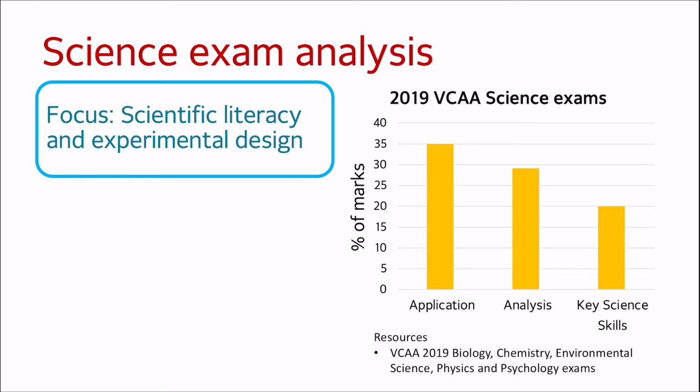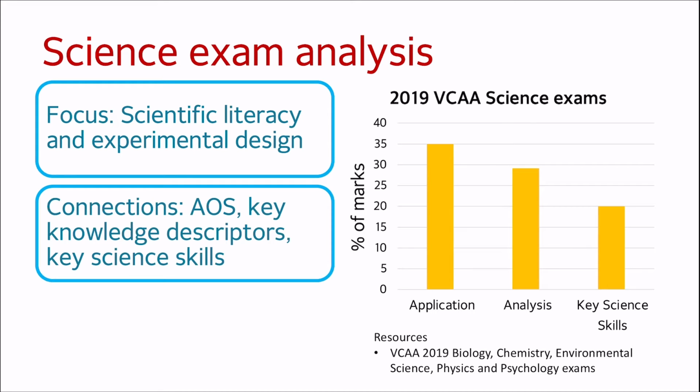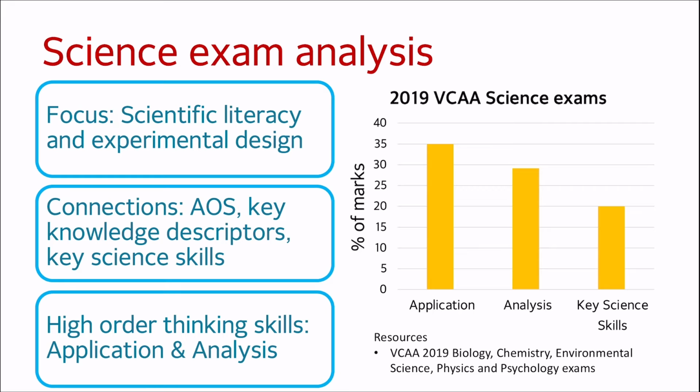In all of this, students need to show their ability to have scientific literacy and an understanding of experimental design. They also need to be able to make connections between all the different areas of study, the key knowledge descriptors, and the key science skills. These are really challenging for students, and it's where students are having to use their higher order thinking skills.